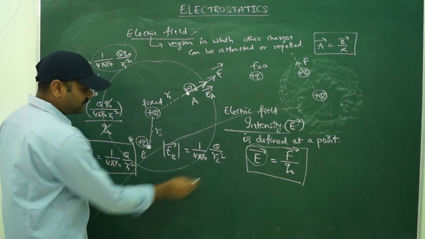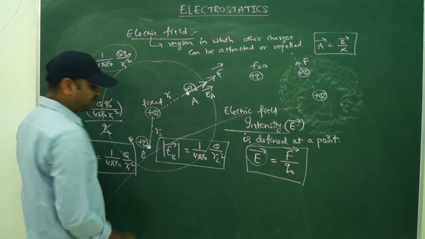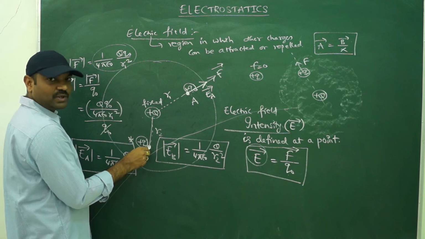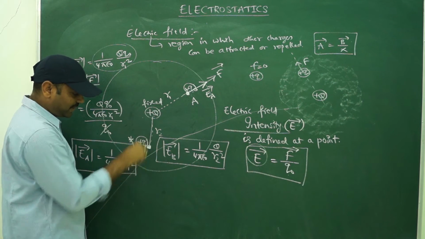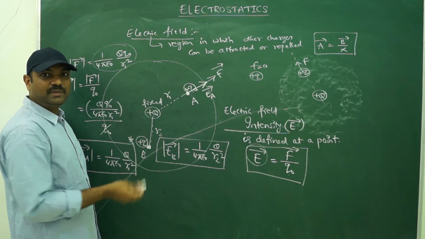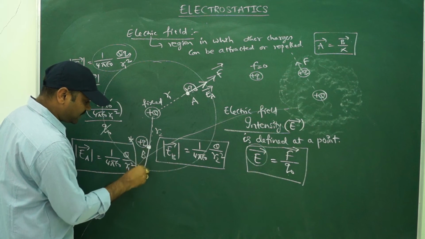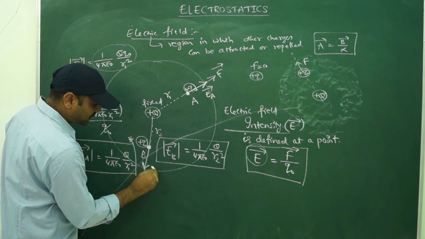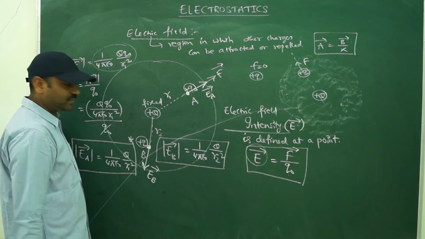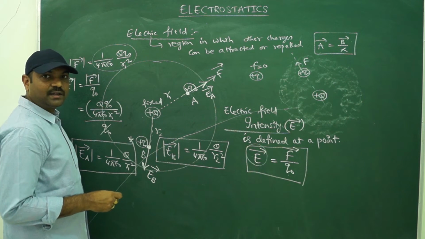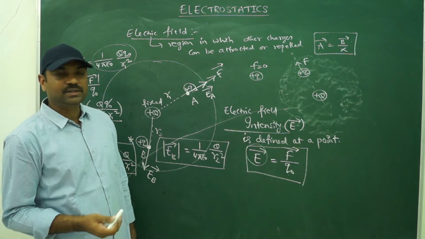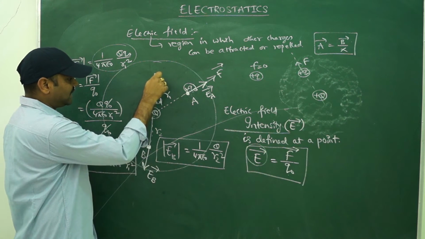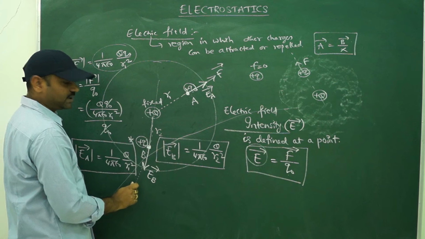So if this is the magnitude, then what is the direction of the field? As I told you, if I keep one positive charge here, that positive charge will be repelled. The force direction will be the field direction. So the field also will be along the force direction. This is the field direction at B point. So from this I can make one general principle: the field direction will be along the line joining the charge and the point.